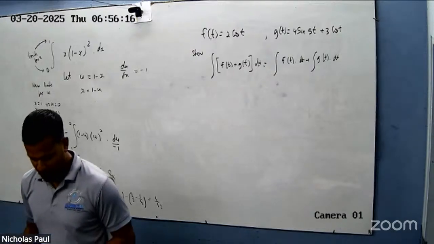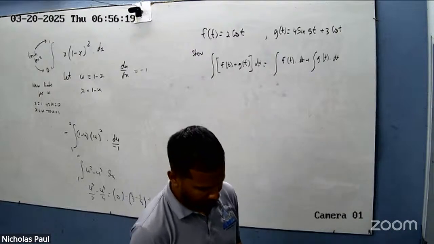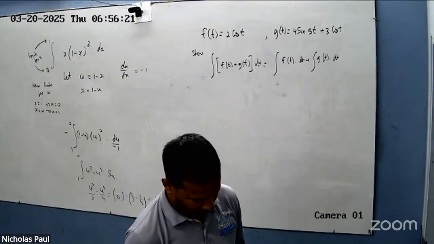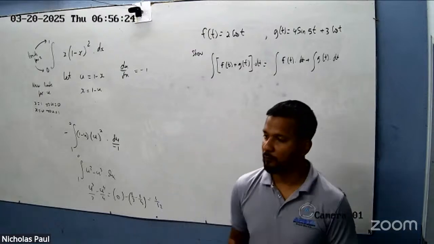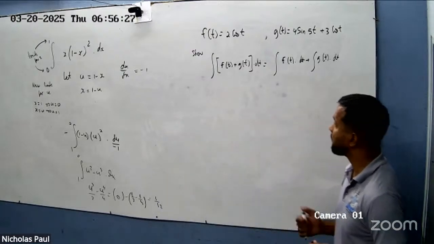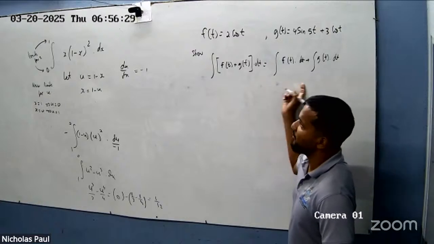When you integrate it, it is 1 over e, right? Do the left hand and the right hand, you're done, right?